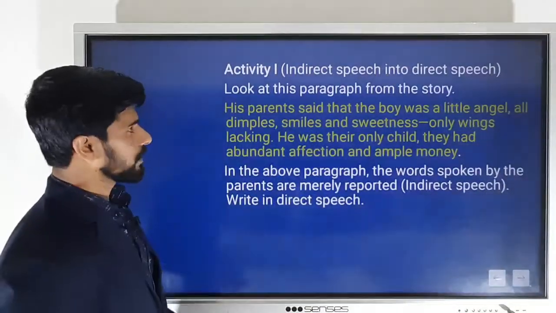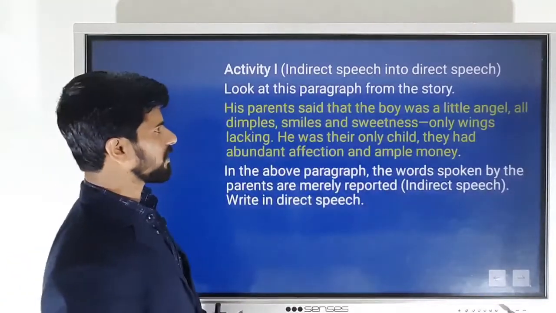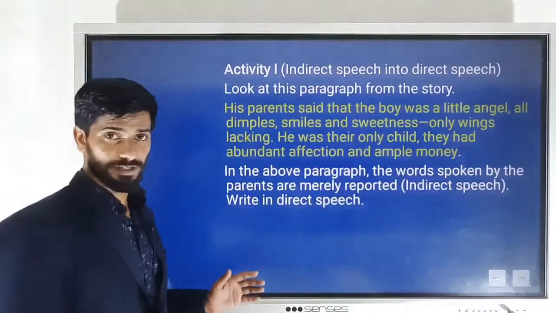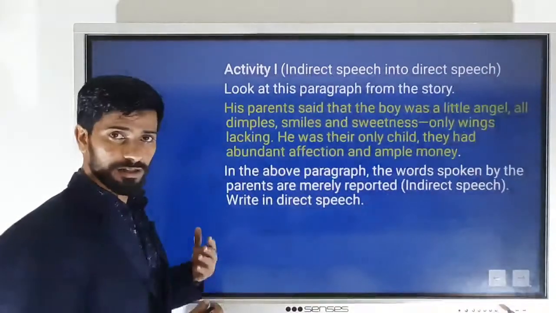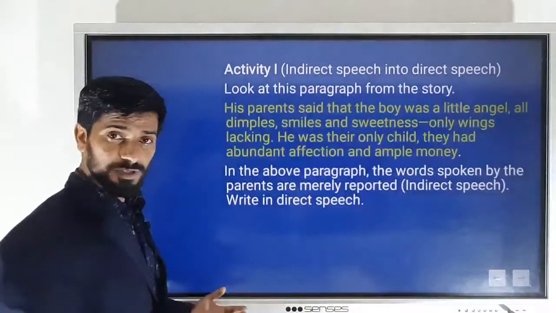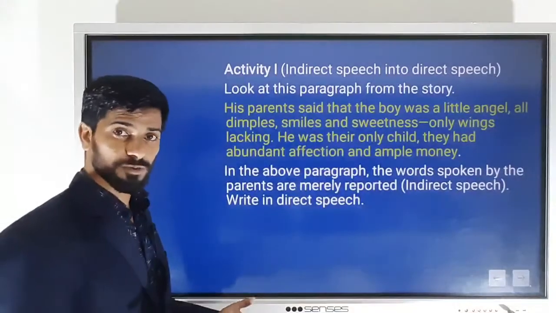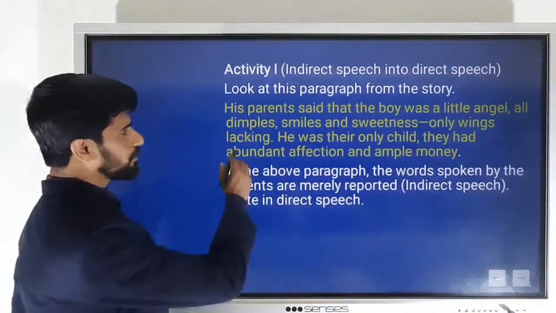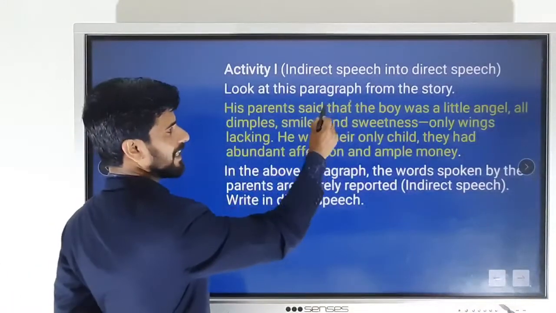Okay, this one, indirect speech into direct speech. Look at this paragraph from this story. So it is just the opposite of what we have learned. We have learned how to convert a sentence from direct speech into indirect speech, and this one is from indirect speech to direct speech. So you have learned the rules, and just do it in reverse. Okay, his parents said, that is the conjunction.